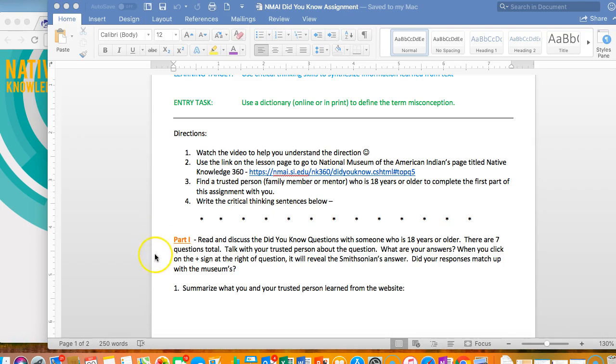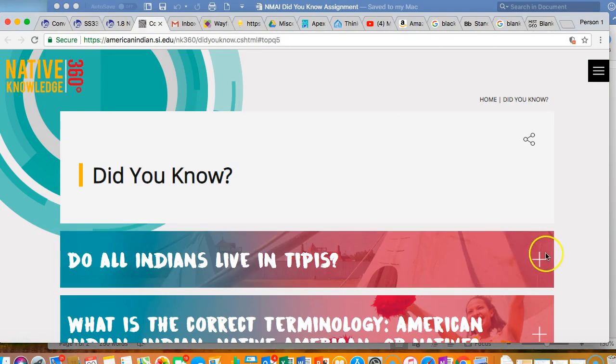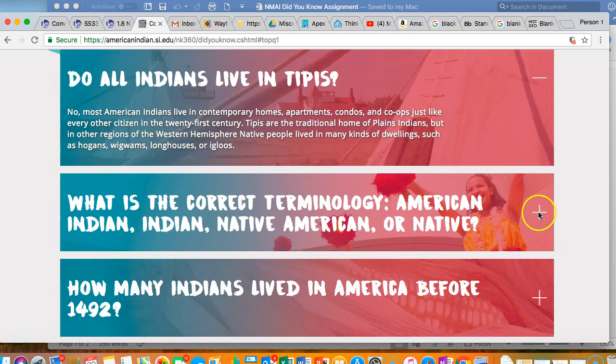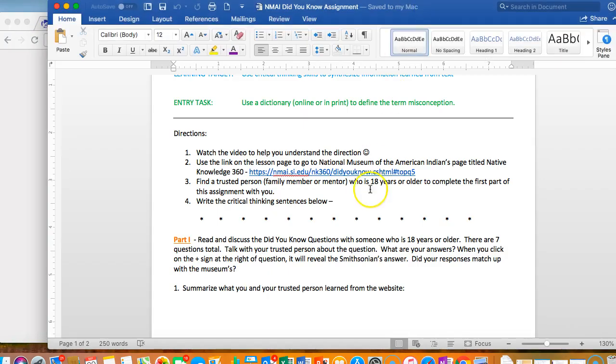There are 7 questions total. Talk with your trusted person about the questions. What are your answers? When you click on the plus sign, at the right of the question, it will reveal the Smithsonian's answers. Did your responses match up with the museum's?